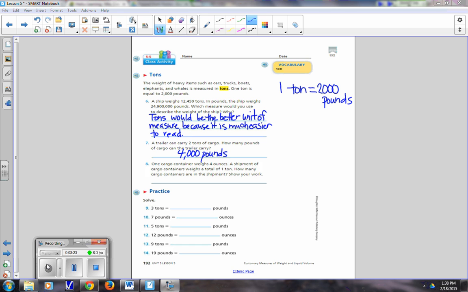Okay, first of all, we need to know how many containers are in 1 pound. 1 pound of containers equals how many containers? Because we know 16 ounces is 1 pound, right? So 16 divided by 4 means 4 containers for every pound.